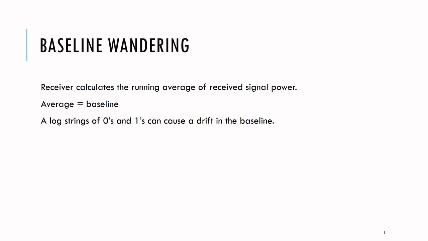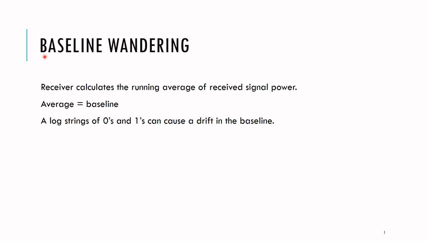Another term that we are going to look at is baseline wandering. In decoding a digital signal, the receiver calculates a running average of the received signal power. This average is called the baseline. The incoming signal power is evaluated against this baseline to determine the value of the data element.